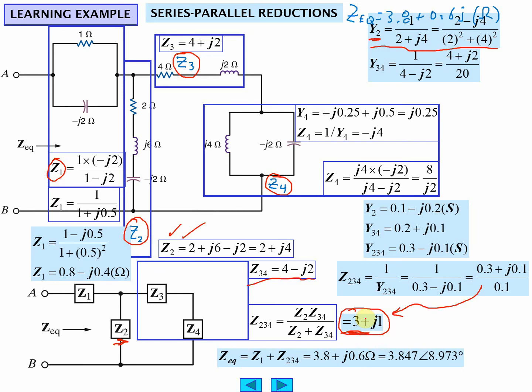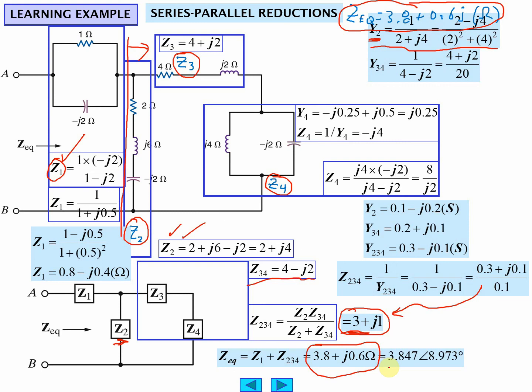And finally, ZEQ, just adding the Z1 up here, adding it to the equivalent of everything else, which is 2, 3, 4. 3.8 plus 6/10. And there we go. Up here, it's hidden by this, but 3.8 plus 6/10, just like before.